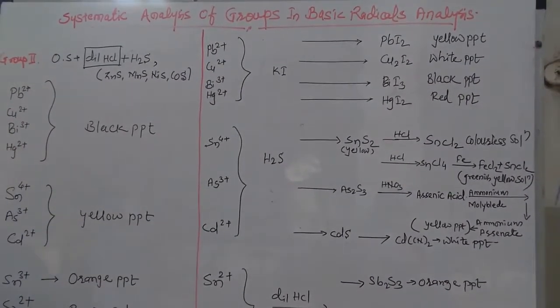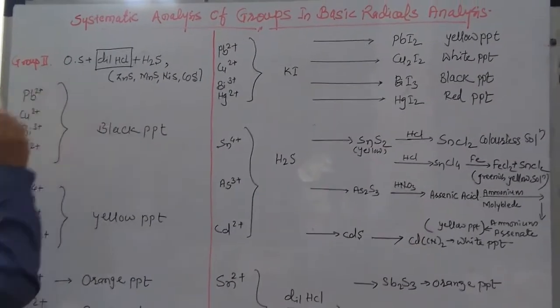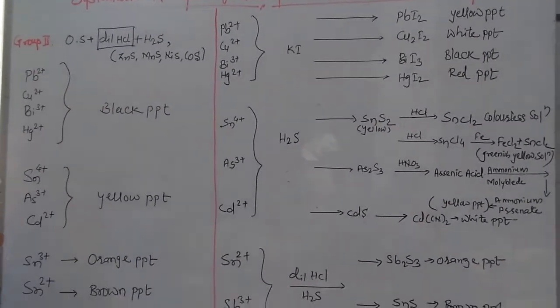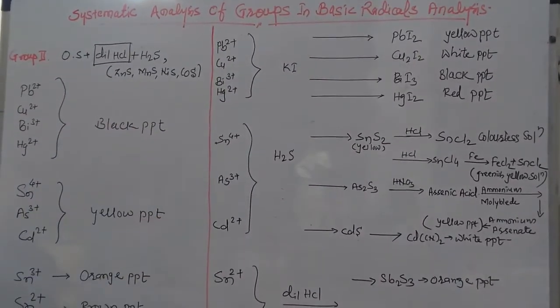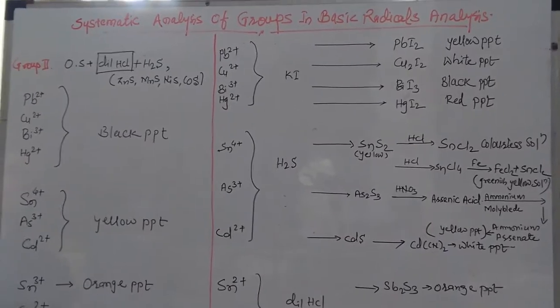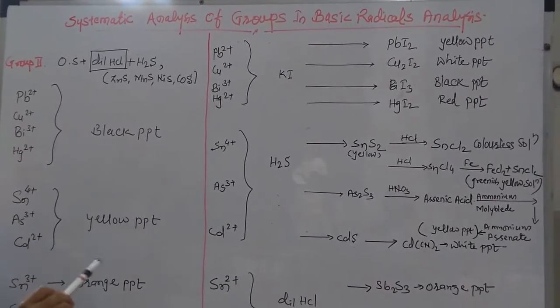Now how they are analyzed, that is, which radical present in group 2 can be analyzed by using these different reagents. So for the group 2 analysis, we will perform the test like this.